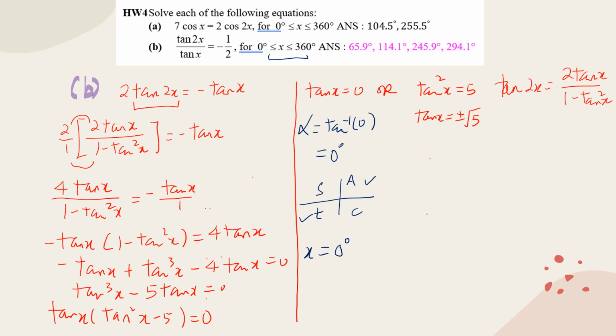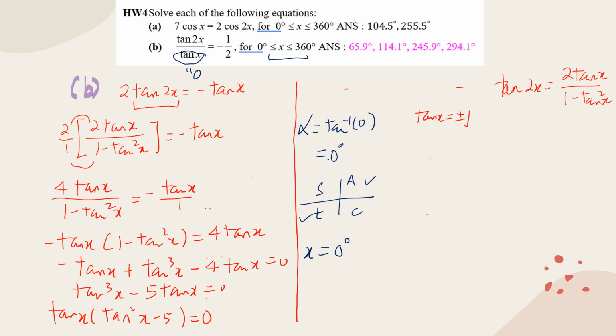You can't have 0 degrees as the answer. Why? Because tangent 0 gives you 0, right? We can't have this equal to 0, because you can't have something divided by 0, that will give you an error.